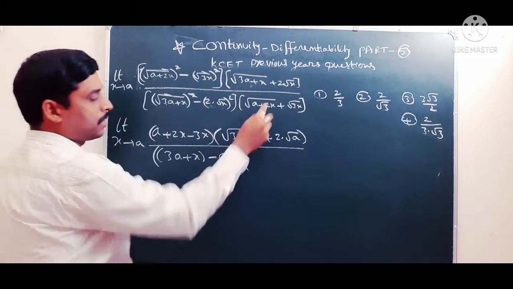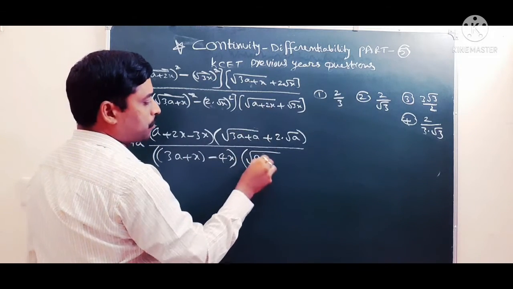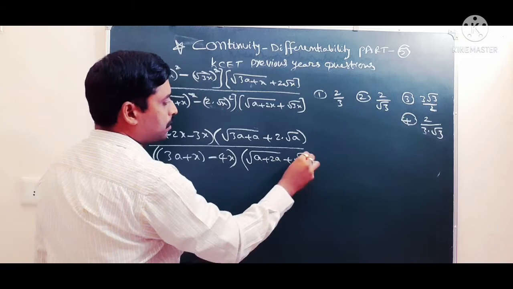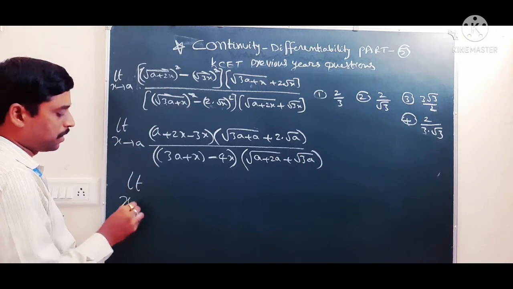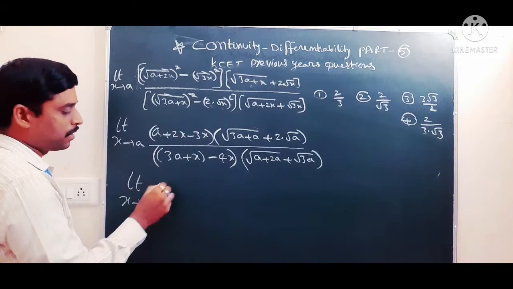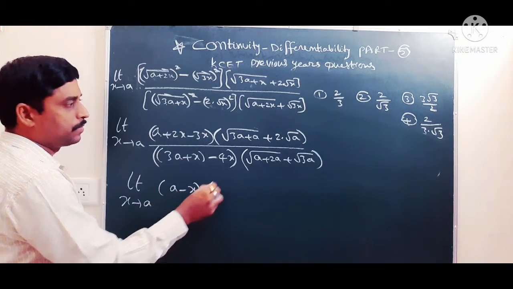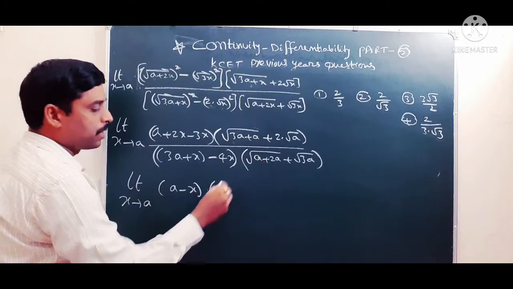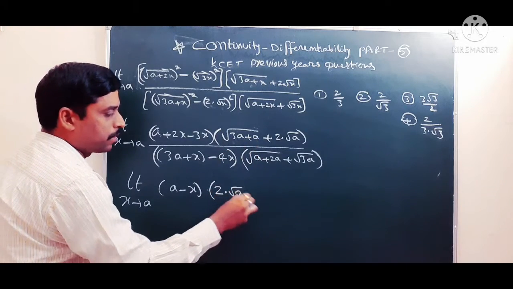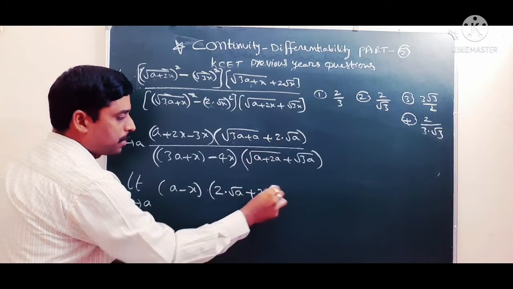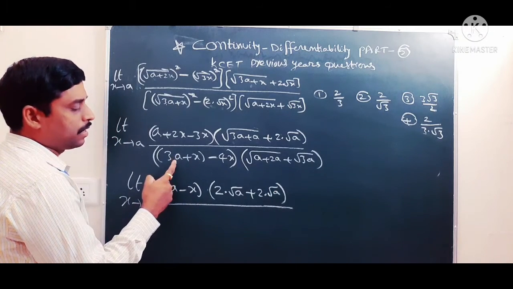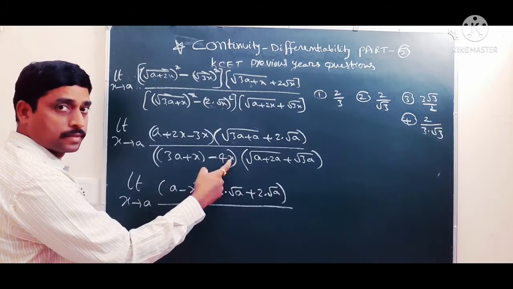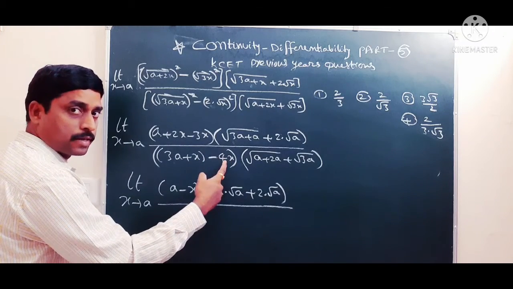Now put x as a: plus 2a plus root 3a. In this, limit x tends to a, this is a minus x into root 4a. Root 4a value is 2 into root a plus 2 into root a. This whole divided by the denominator 3a minus 3x minus 4x minus 3x.